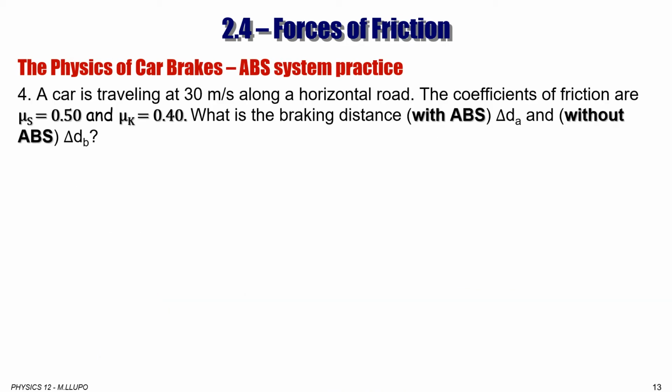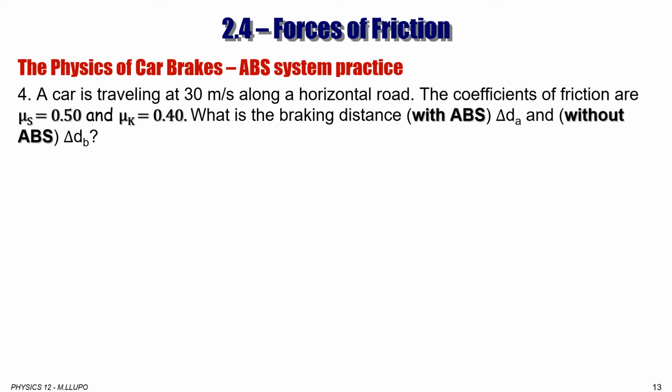Let's look at the physics of car brakes, ABS system practice. A car is traveling at 30 meters per second along a horizontal road. The coefficient of static friction is 0.50, and the coefficient of kinetic friction is 0.40.